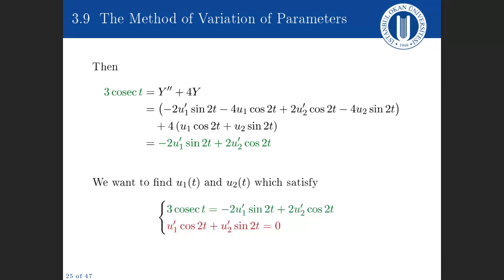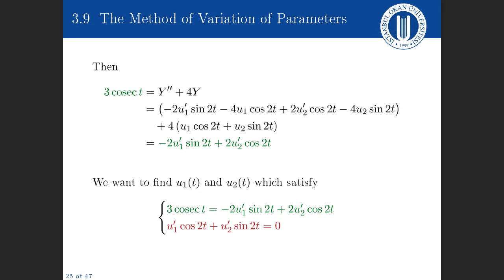So what do we have? Let's summarize this. We're trying to find u1 and u2 which satisfy 2 equations. This green equation we've just found, and we also want to find u1 and u2 which satisfy this red extra condition that we used before. Can we find u1 and u2 which satisfy these 2 equations?